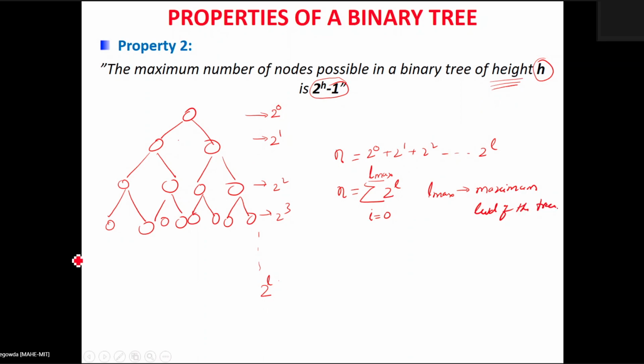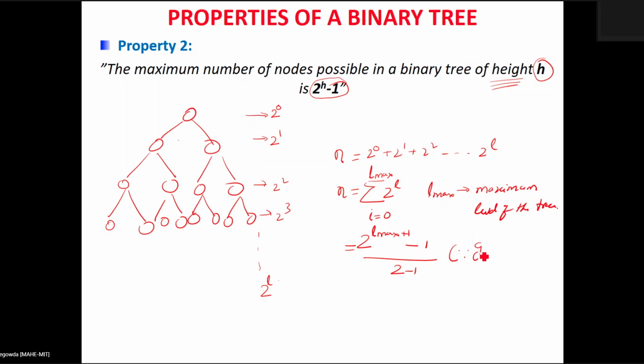Okay, by using the formula of a geometric series, I can simplify this and write it as 2 power of L max plus 1, minus 1, divided by 2 minus 1. So this is using the geometric series.